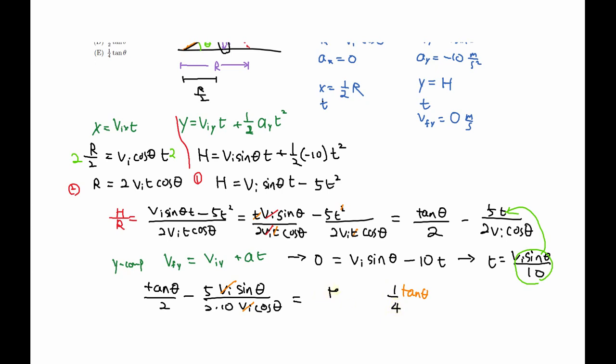And then I have tangent theta over 2. Common denominator, or at least LCM, can be 4. When I have 4 here, I have to multiply by 2. So 2 tangent theta minus tangent theta. So ultimately I get tangent theta over 4.